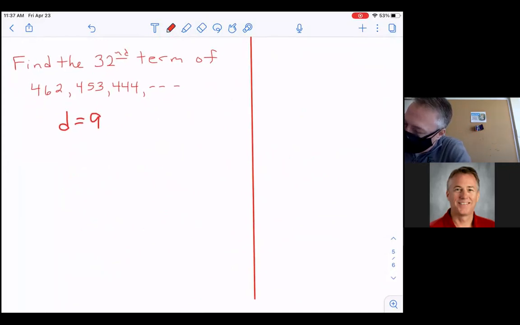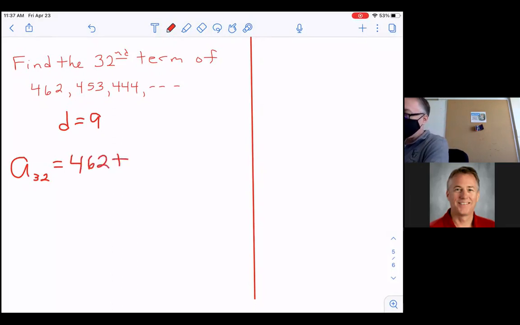So we're going to write a sub n. In fact, I'm going to change that to a sub 32 because we're finding the 32nd term, right? So a sub 32 is equal to a sub 1, which was 462, plus our n minus 1. So our n was 32 minus 1.